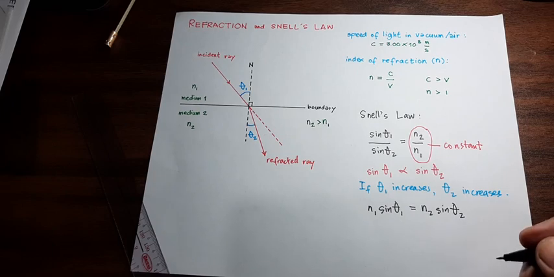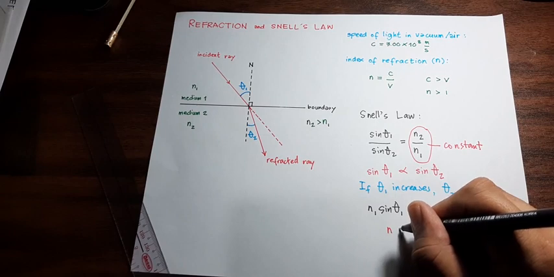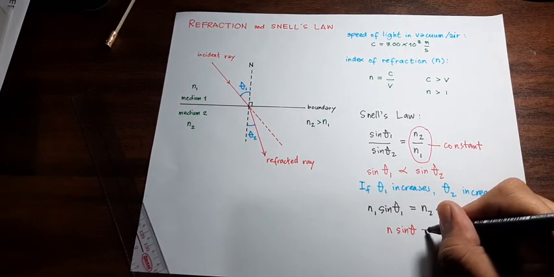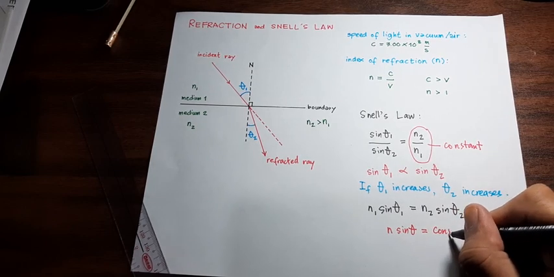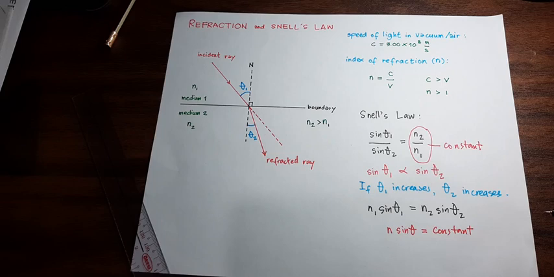Which means that the product of N and sine of the angle is also a constant. And if the product is a constant, then that indicates an inverse relation.